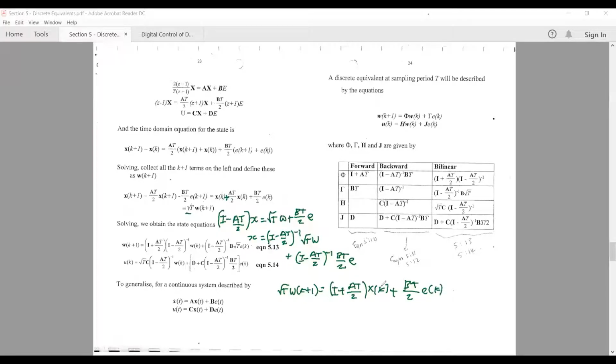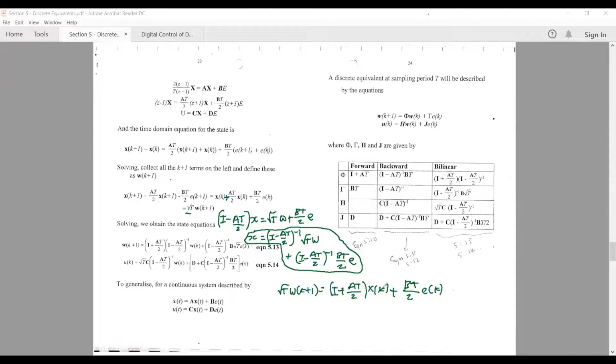So now in place of x of k I can substitute this. So when I substitute this, what I will get is this equation 5.13. So this x, which is this whole thing, x is equal to I minus AT over 2 inverse times root T times w plus I minus AT over 2 inverse times BT over 2 times e.